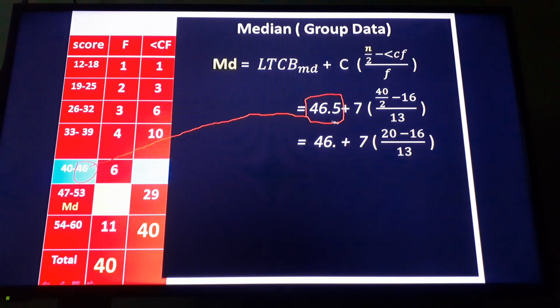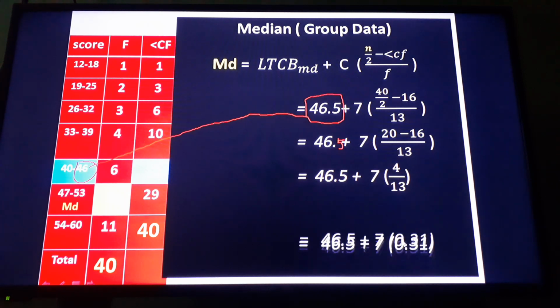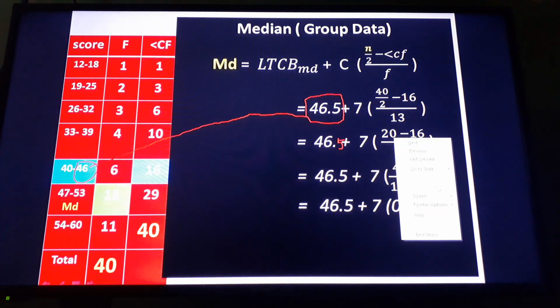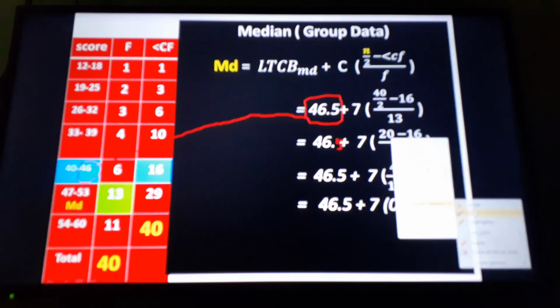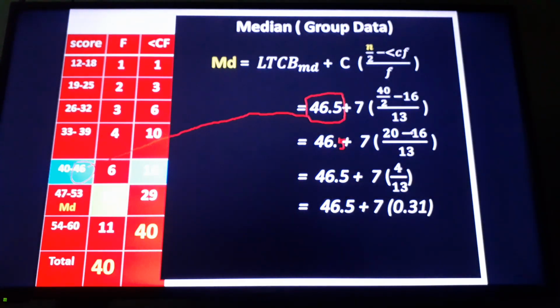So, pagkatapos po natin i-substitute lahat ng ating pong informations, tayo po sunod. So, that is equivalent to, unahin po natin yung nasa loob po ng parentheses. We will just have to subtract 20 minus 16, that is equals to 4. Then, copy na lamang po natin yung 13. Tandaan, ang gagawin po muna natin yung nasa innermost, yung nasa loob ng parentheses before we perform some operations.